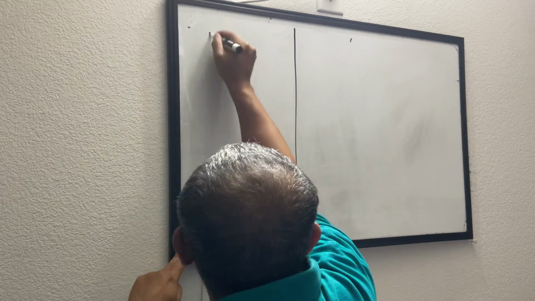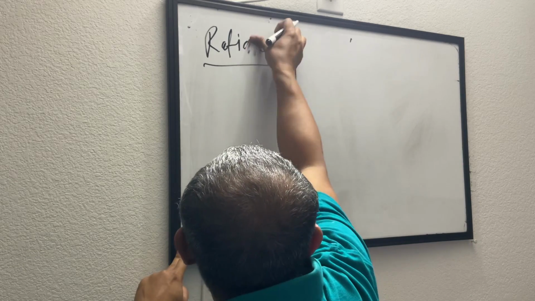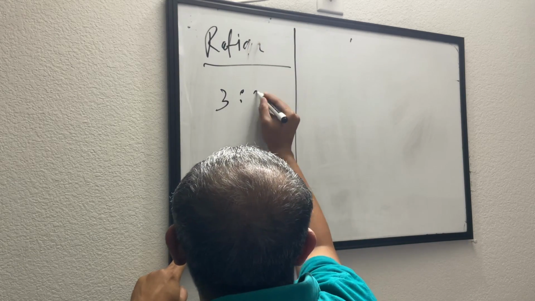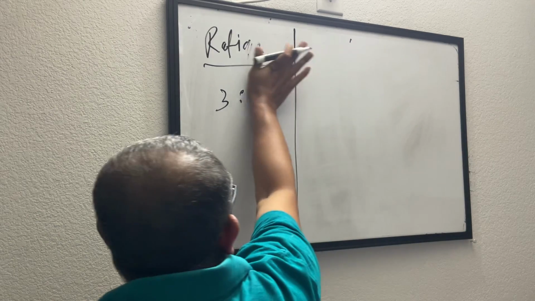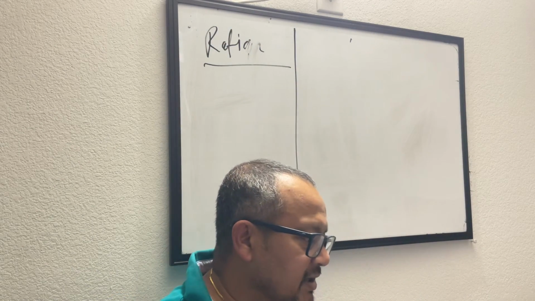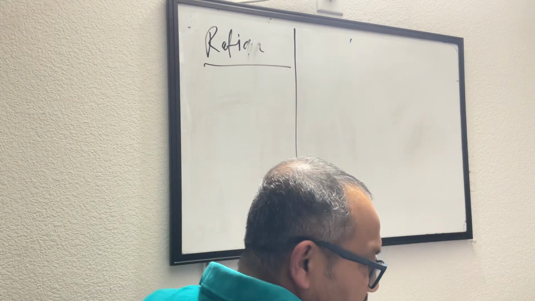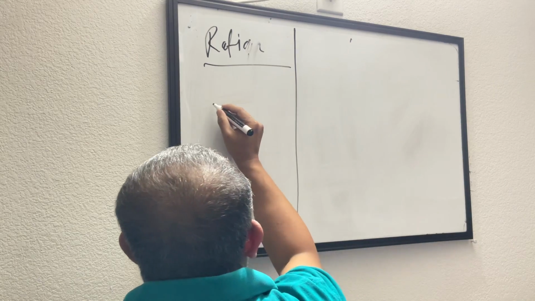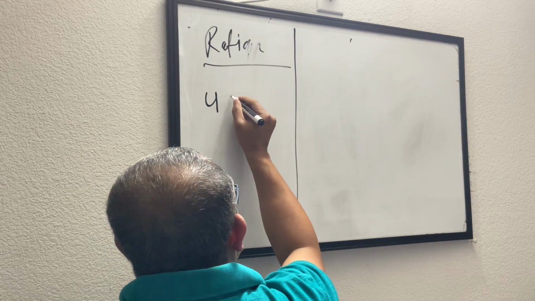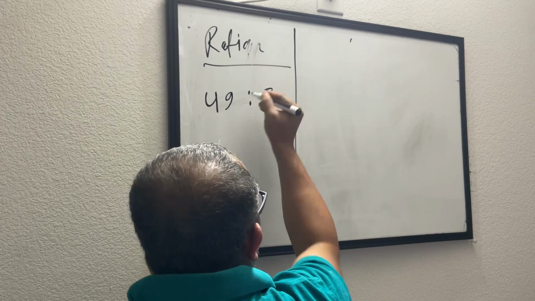This is ratio. You saw something like 3:2, or let's say, what is the ratio of age between me and Diksha? Diksha, how old are you, beta? 8. So 49:8.